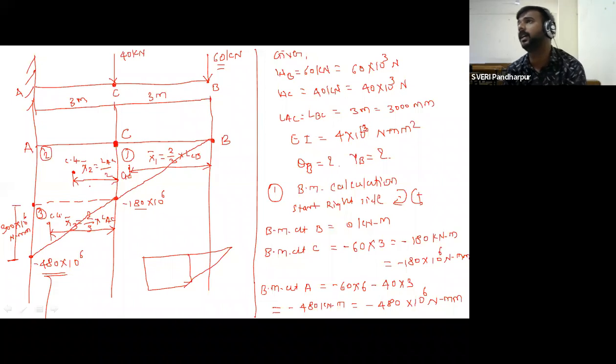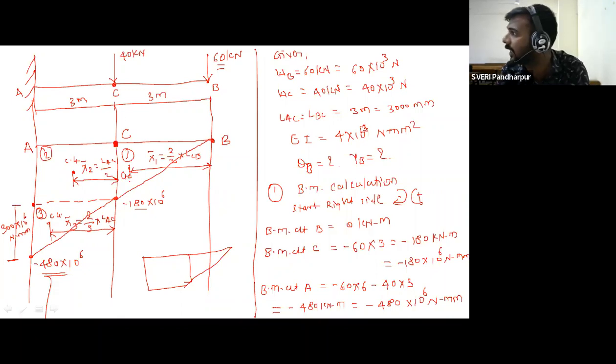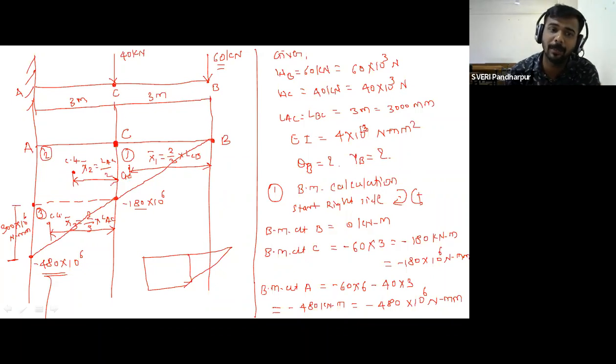As discussed in the previous lecture, and I will explain once again, sometimes the area you get under the BMD is not a standard cross-sectional area. Sometimes you get a triangle, sometimes a rectangle, sometimes a parabolic curve, but sometimes you get odd shapes whose properties are not available with us.